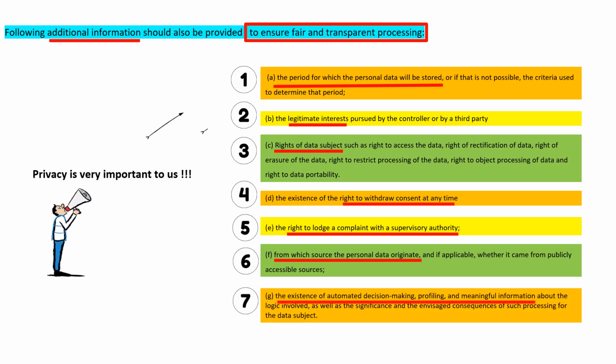Seventh one, details about the existence of automated decision making, profiling and meaningful information about the logic involved. So these are the requirements as per Article 14.2. Additional information to be provided to the data subject.